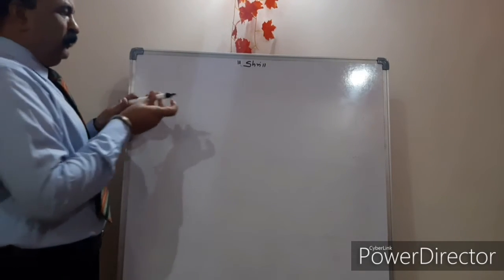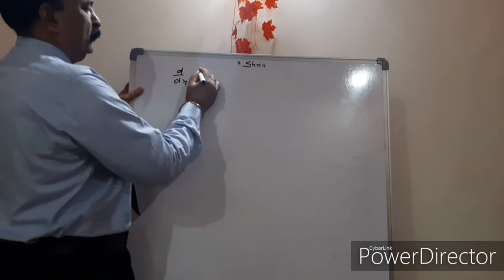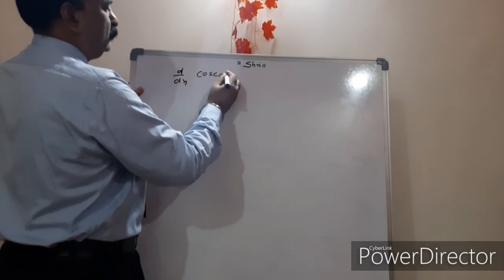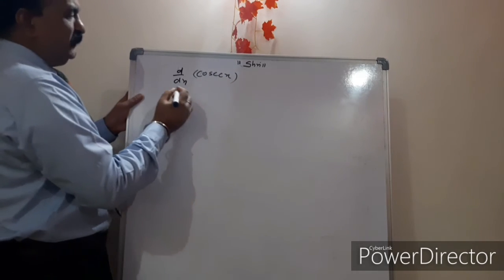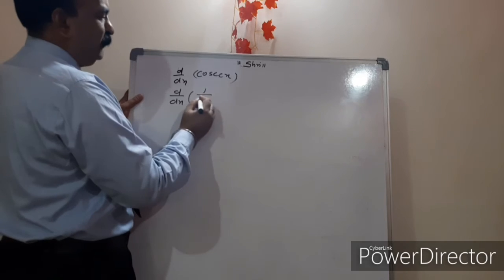Now I am telling you how to find the differential coefficient of cosec x. Cosec x means you can write d/dx of 1 upon sin x.